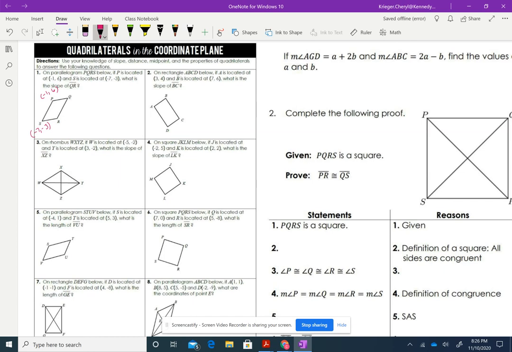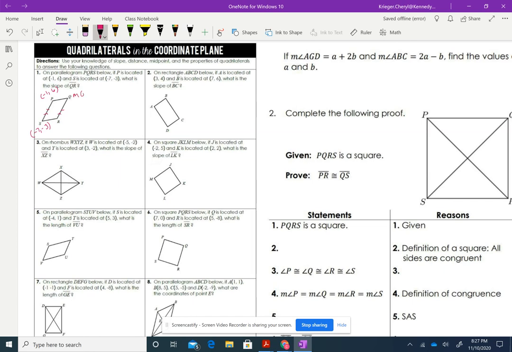Well, we know that the sides are congruent, and we also know that the sides are parallel. Okay, and so the fact that they're parallel is what we're going to use here to find the slope of QR, because if we find the slope of SP, then the slope of QR is going to be the same slope, right? Parallel lines have the same slope.